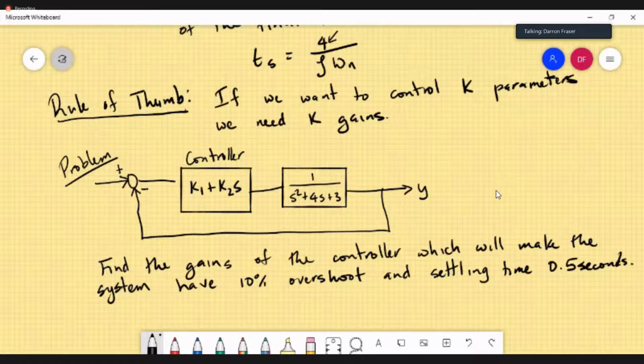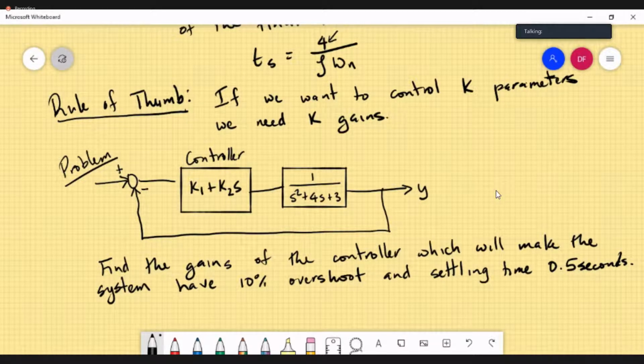Good response means it looked like something that he can work with. Here we are working towards an exact response. That is, we need to find the values that give us 10% overshoot and a settling time of half a second.